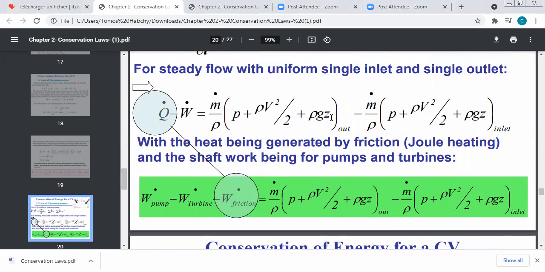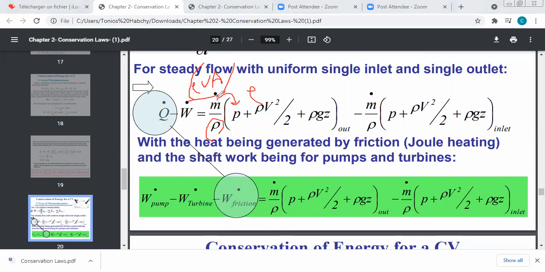Now, why over rho? Because, as I told you, we got one rho inside of the bracket. So when you have one rho inside of the bracket, you should do m dot over rho, since m dot is rho times V times A. If you replace rho VA by m dot, and you want to take one rho inside, you should multiply by rho and divide by rho.